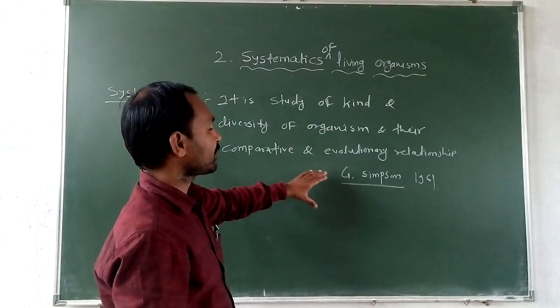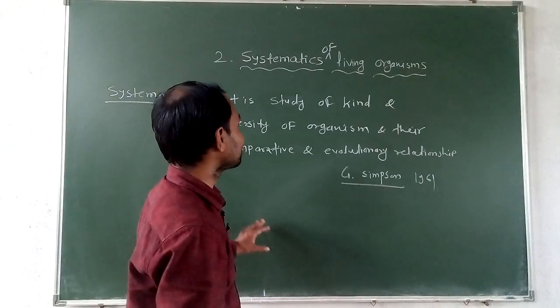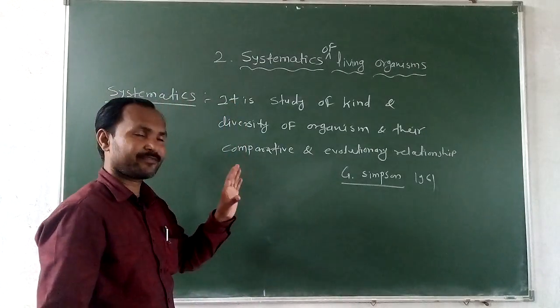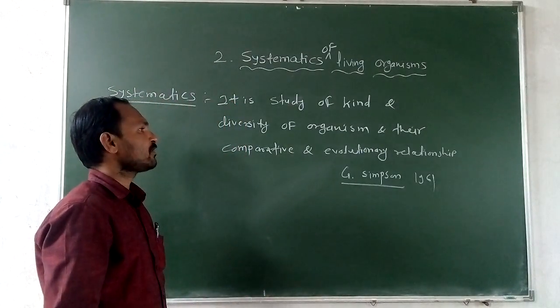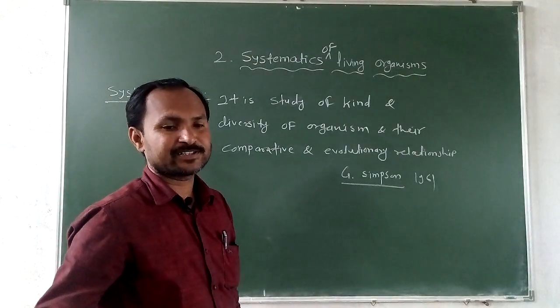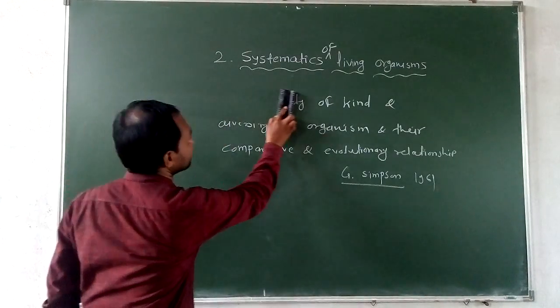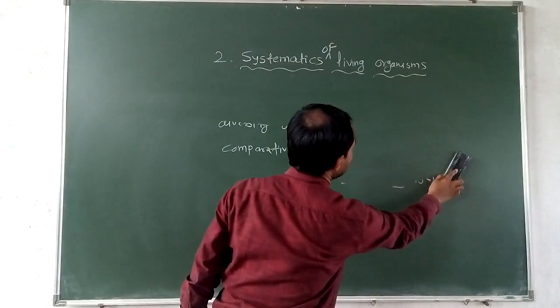This was given by the scientist G. Simpson in 1961. This is about systematics. Remember the definition: study of kind and diversity of organisms and their comparative and evolutionary relationships. Now the second definition, that we call taxonomy.